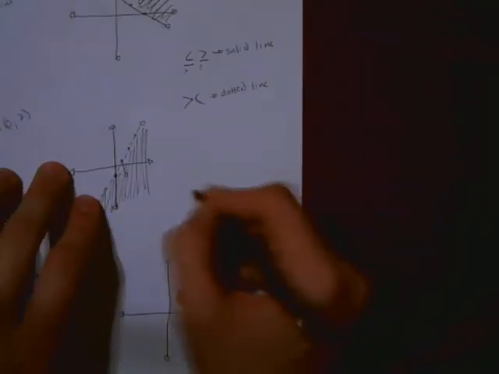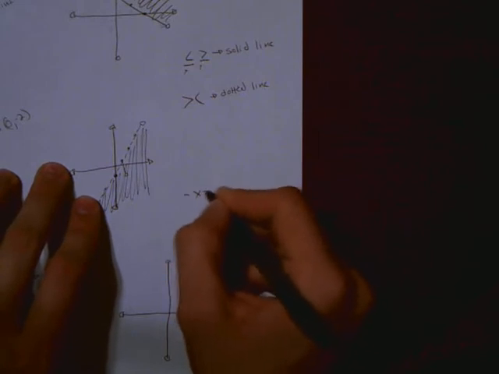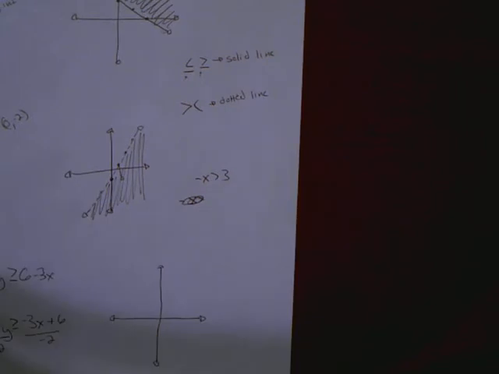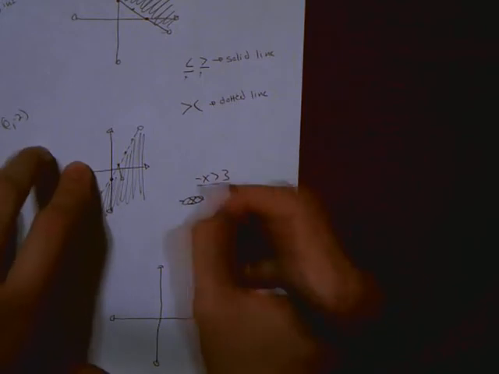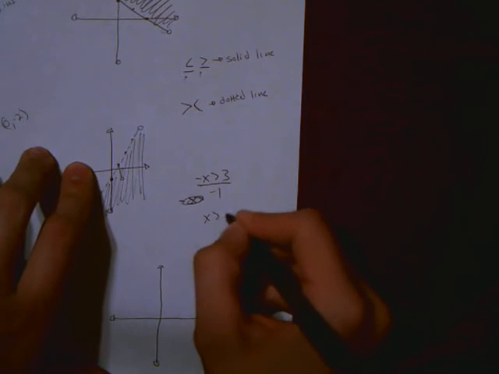Let's say that negative x was greater than 3. All right? I'm going to divide by negative 1 and not flip it. So now x is going to be greater than negative 3.